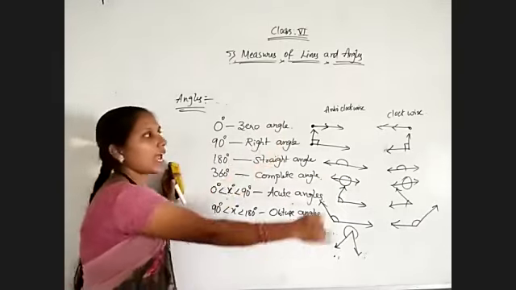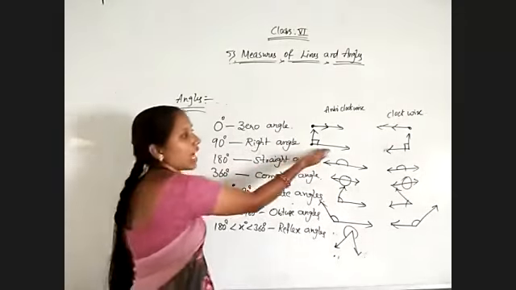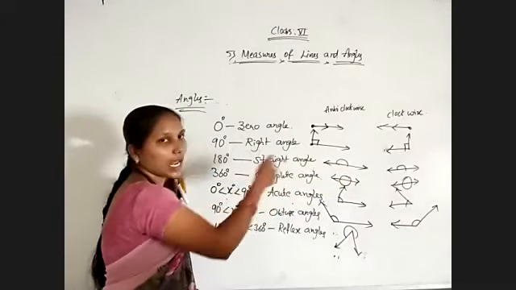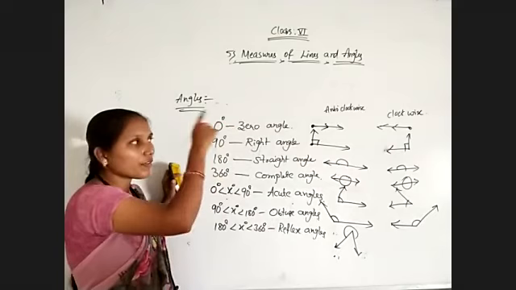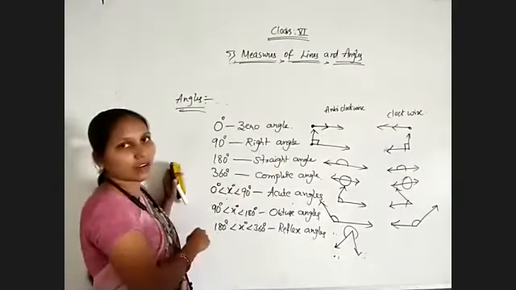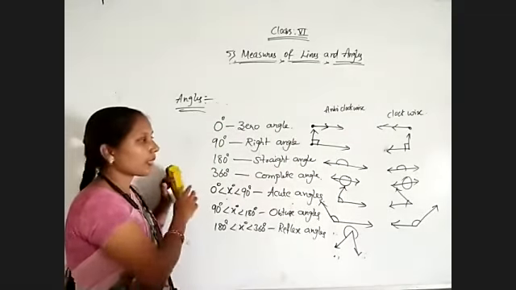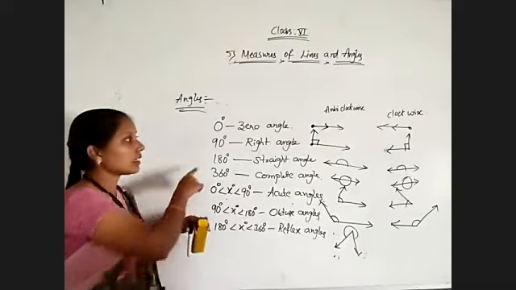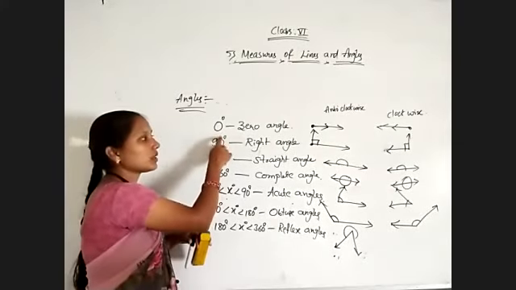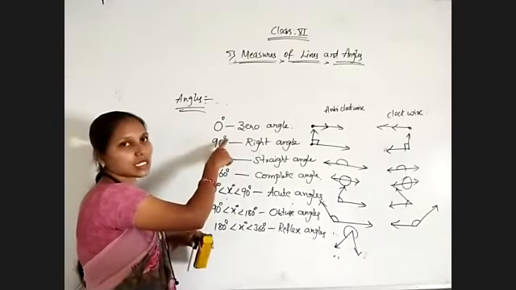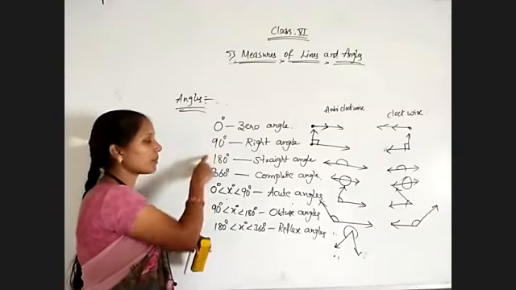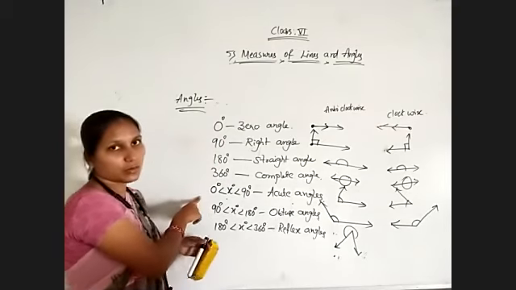So anti-clockwise rotation we will get if the arm is on the right side. When you are getting the arm on the left side, 0 will start from upside onwards. So upper values we need to take in case of clockwise rotation. Angles are measured in units called degrees, and they are measured by the instrument protractor.